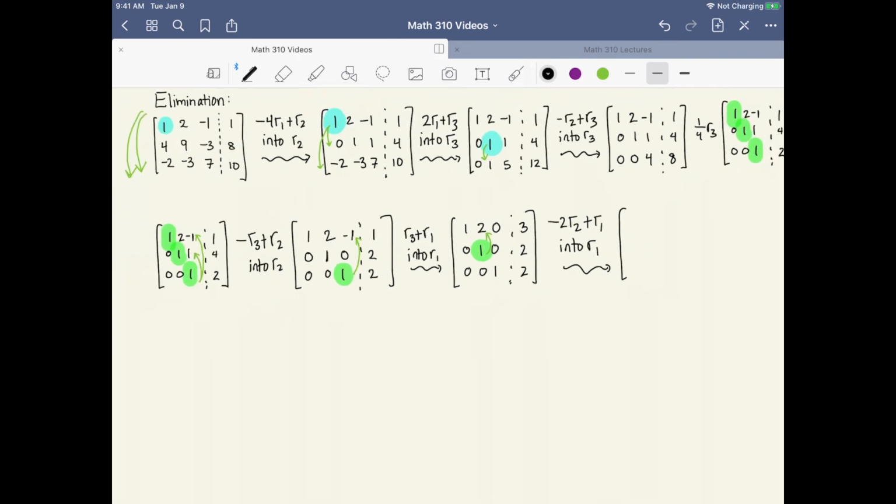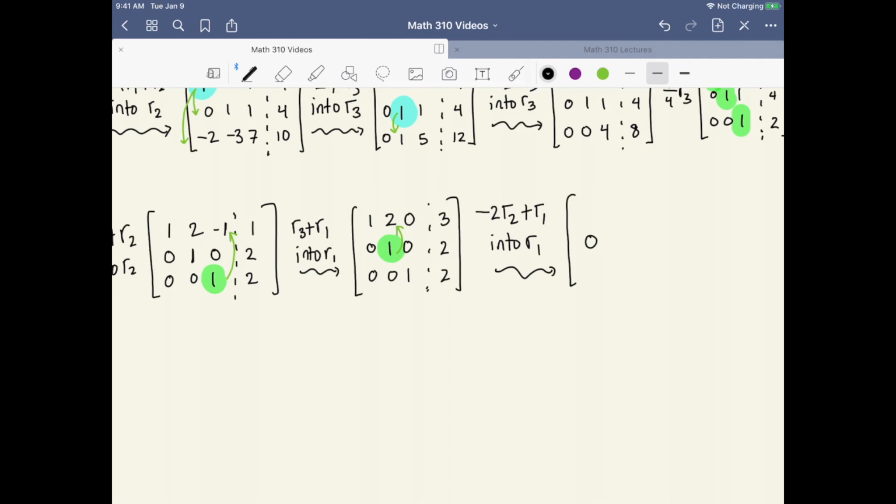After which we'll have a very nice looking matrix. 0, 1, 0, and 2, and 0, 0, 1, 2, and the second and third rows are unchanged. And then our first row is going to become a 1, a 0, a 0, and then minus 2 times 2 is minus 4, plus 3 giving me a minus 1.